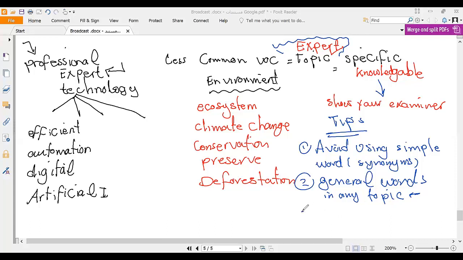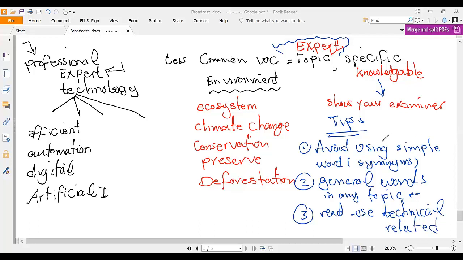Okay, number 3, try to read and use some technical words that are related to the topic.